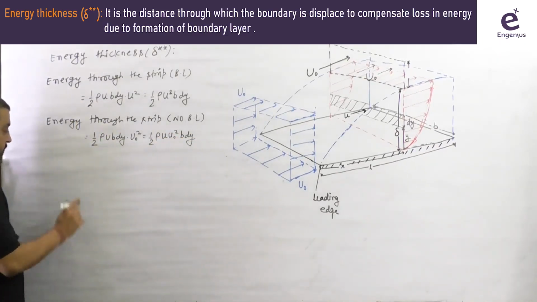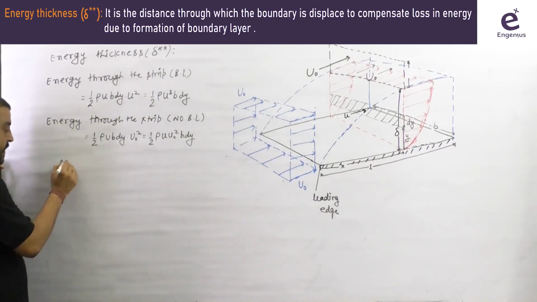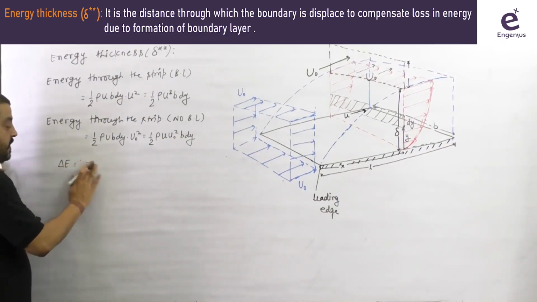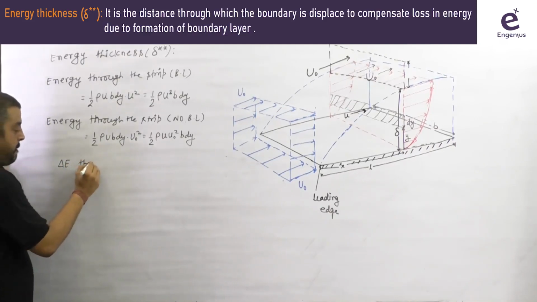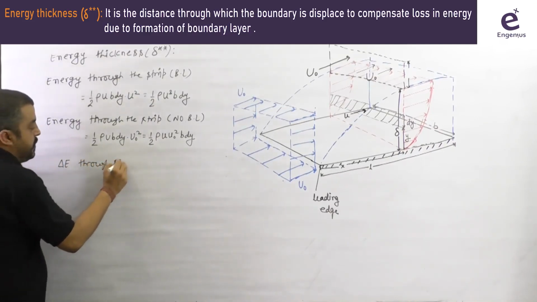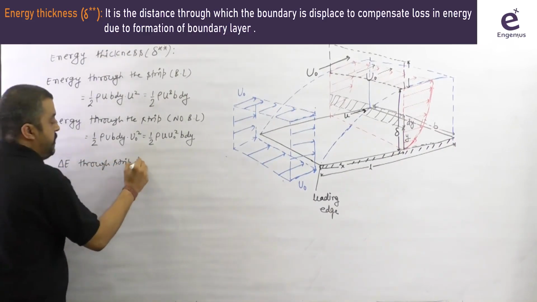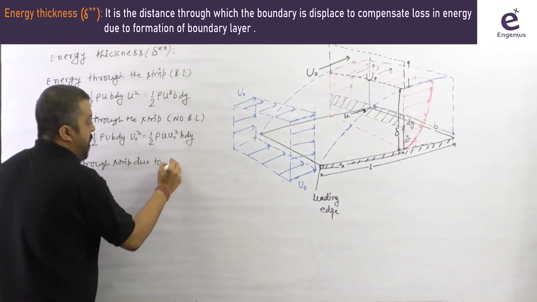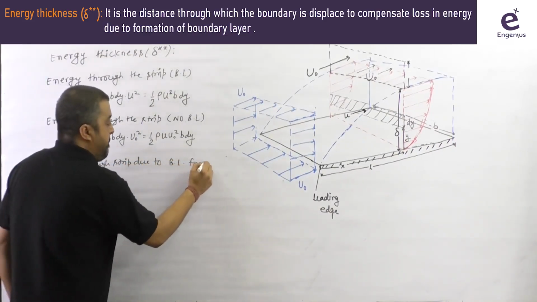So in this case we can say loss. The loss that I am writing is delta E, the loss in energy through the strip due to boundary layer formation.